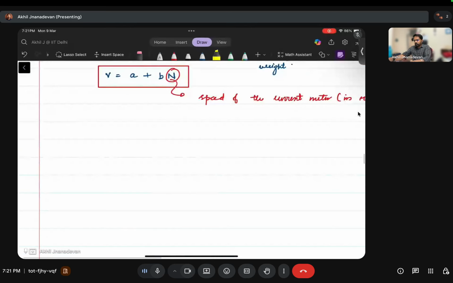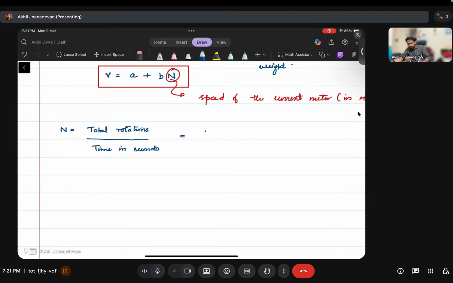This is a simple, straightforward question. First we need to find n. n is the number of rotations per unit time, that is total rotations divided by time in seconds.